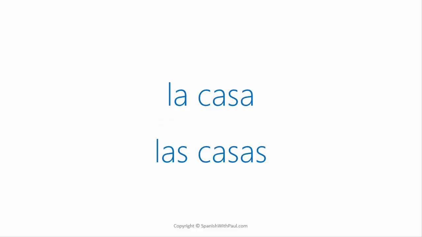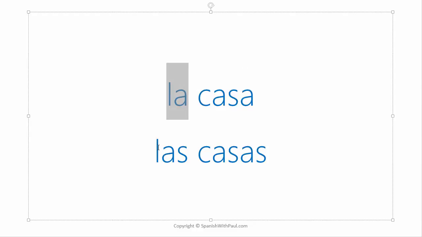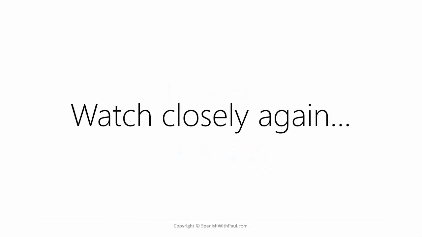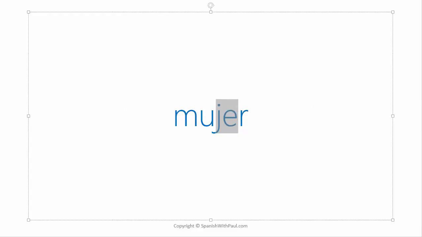Looking at it on a single slide, you can see that the form is very regular. So we have la going to las and just adding an S on the end. La casa, las casas. Now here's something to watch closely again. The word for woman in Spanish is mujer. This J takes on like an H sound in Spanish.